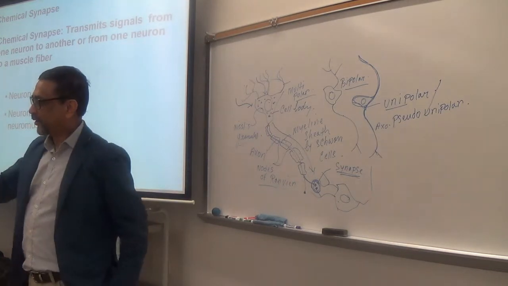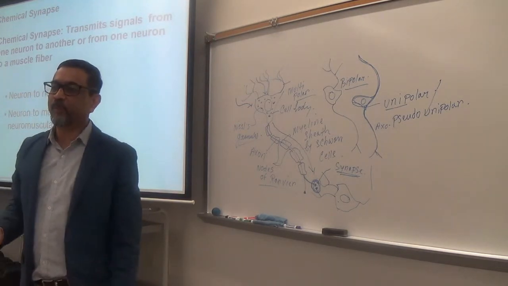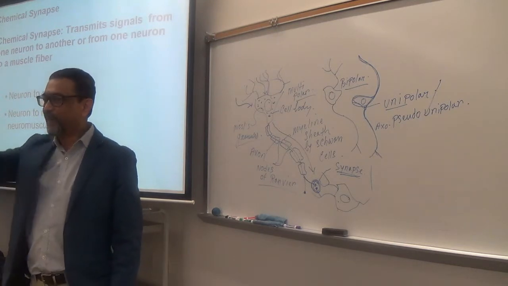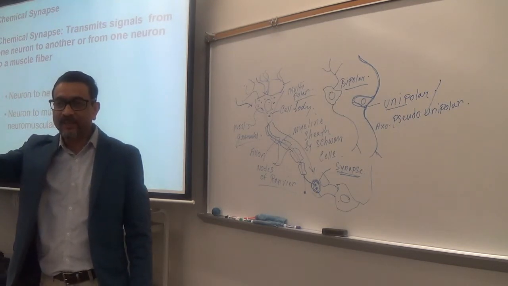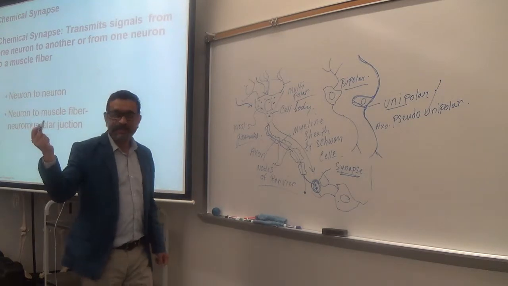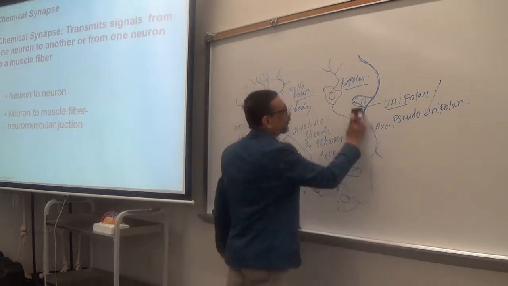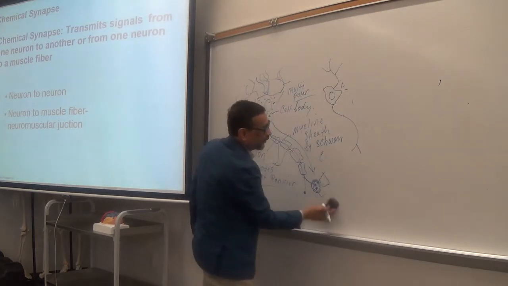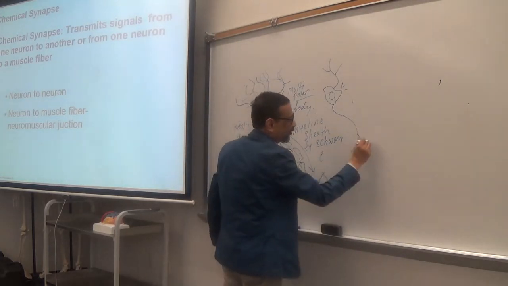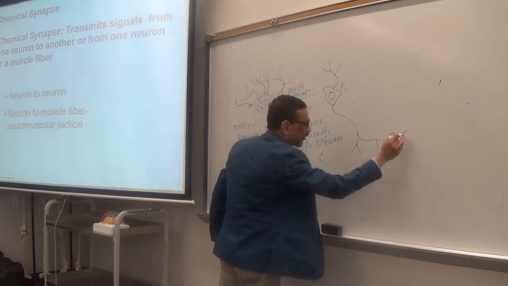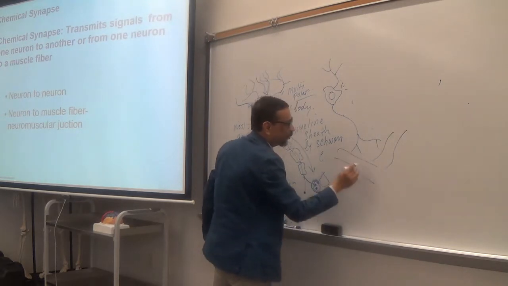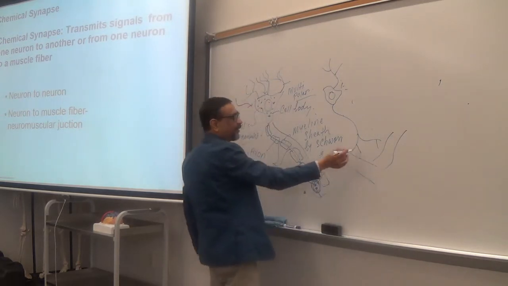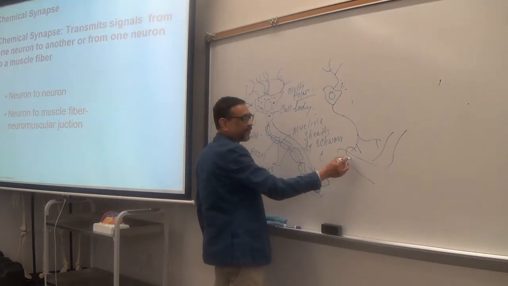In one of the previous lectures, you remember I talked about the neuromuscular junction. At that time, muscle contraction. I showed you the axon terminals and the muscle fibers, right? Presynaptic, postsynaptic, okay? So this is a synapse too.